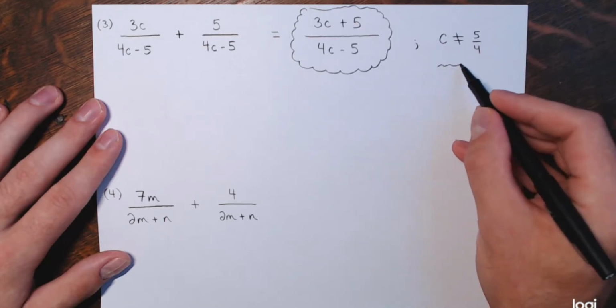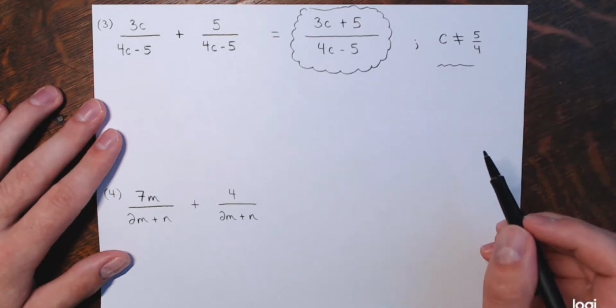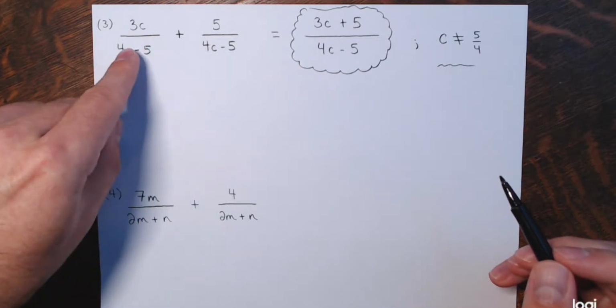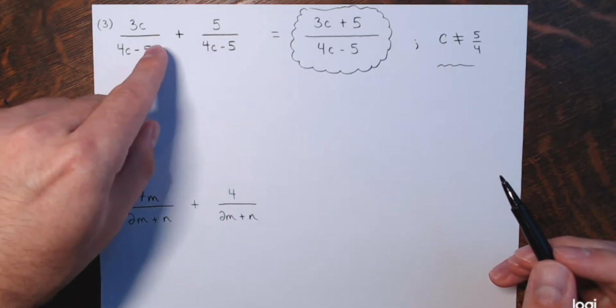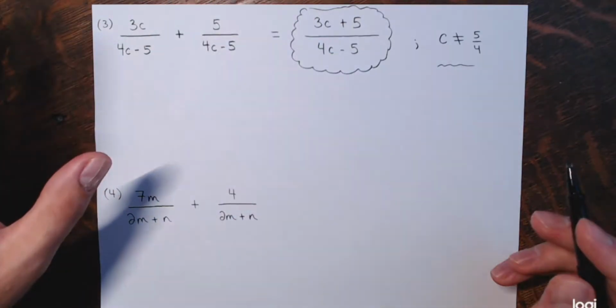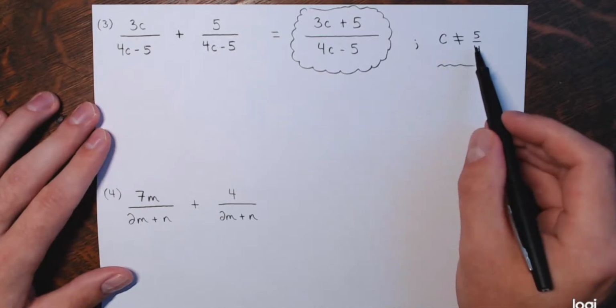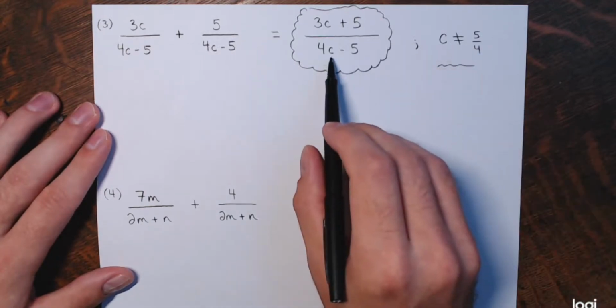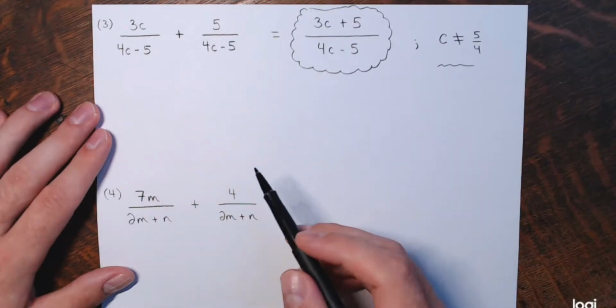I'll just make a note of that as well. So the value of this expression that I started with, this addition, is exactly the same as this value for any value of c except 5/4. If you replace c with 5/4, you'd have denominators of 0 somewhere, and that's not good.